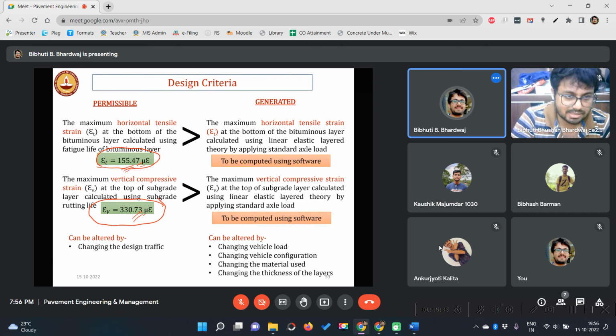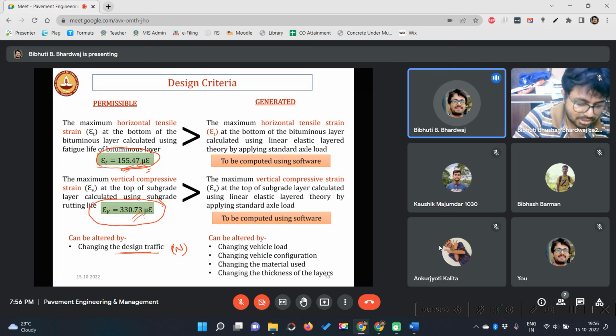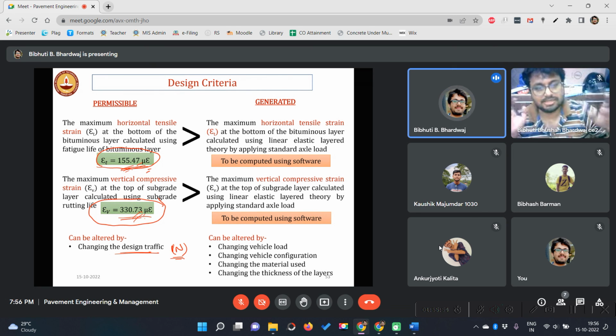If it is less, the pavement will survive this design life. So these values cannot be changed. It will only get changed if the design traffic, this m value, is changed, right? So these values are fixed for a particular design life, by considering everything. These permissible values are calculated.